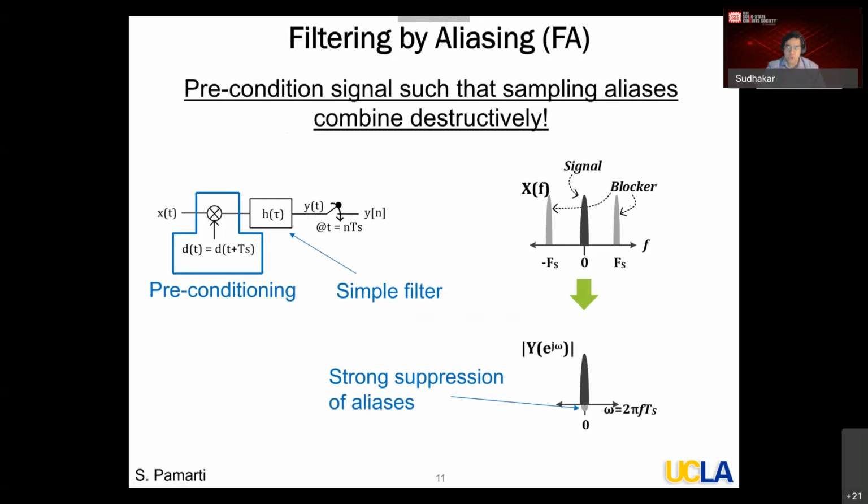And as I'll show shortly, by choosing this periodic waveform d of t appropriately and cleverly, you can make blockers or the sampling aliases combine destructively upon sampling. So the result would be as if the blockers are very strongly suppressed and you are left primarily with the desired signal. Now, a tiny bit of residual blockers may remain, and I will discuss that towards the end of the talk.